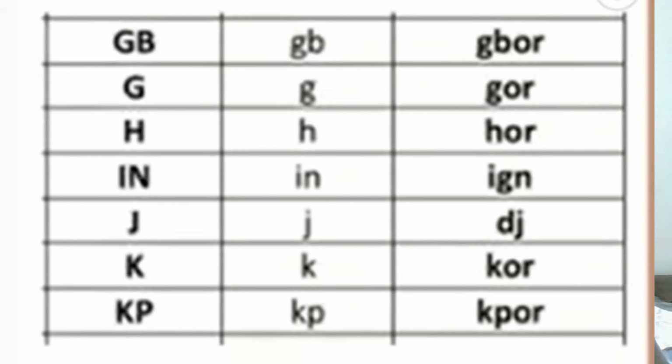The next letter in the second batch is G, in capital and lowercase, and the pronunciation is G. The next letter is H, in capital and lowercase, and the pronunciation is ha.